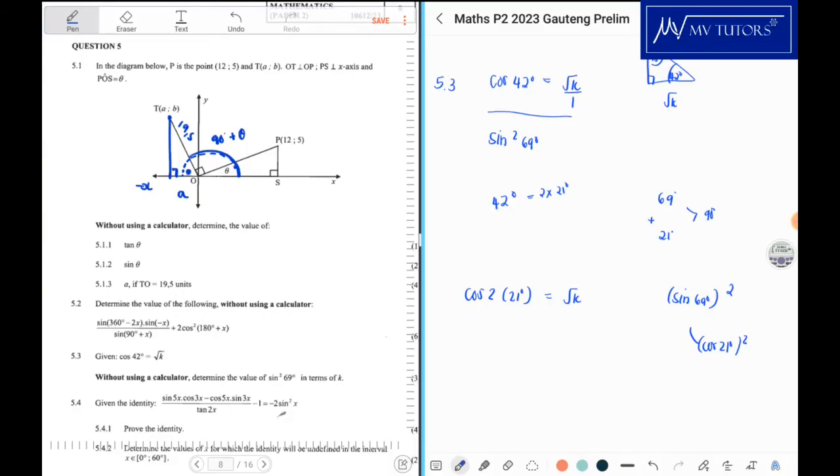Okay, so I'm going to go to my double angles for cos, where I can have a cos squared. For my double angles, I know that cos 2 theta is equal to cos squared theta minus sine squared theta.